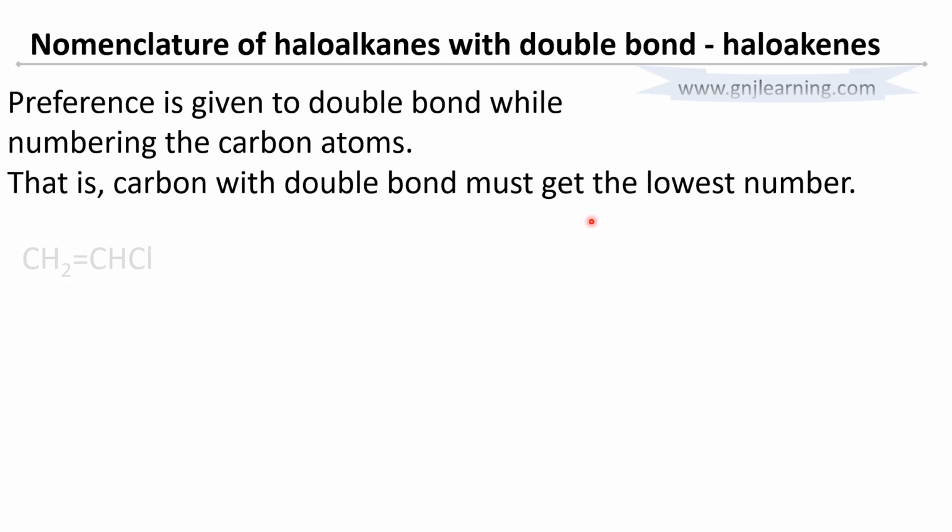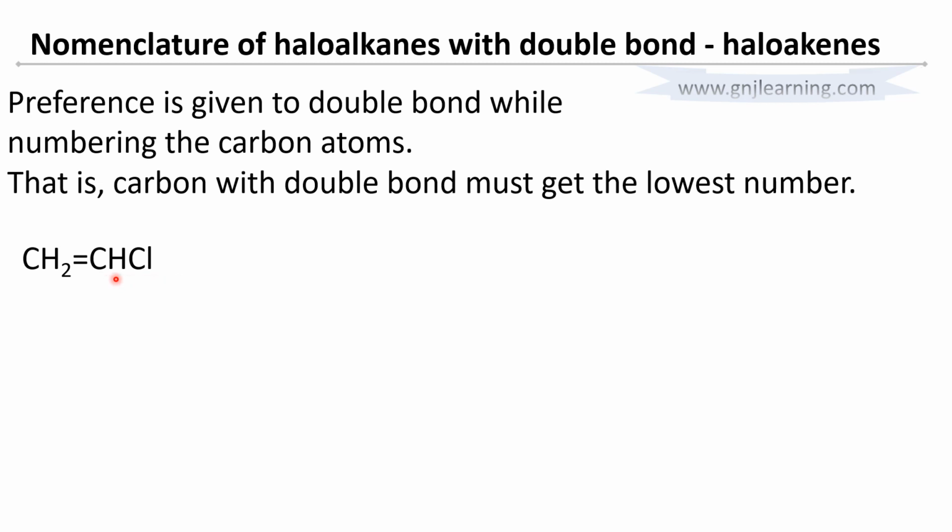In the first case, we don't have to bother about the preference, because we have only two carbons, and the carbon attached with chlorine is considered the first carbon. Since we have only two carbons here, you don't even have to number them.